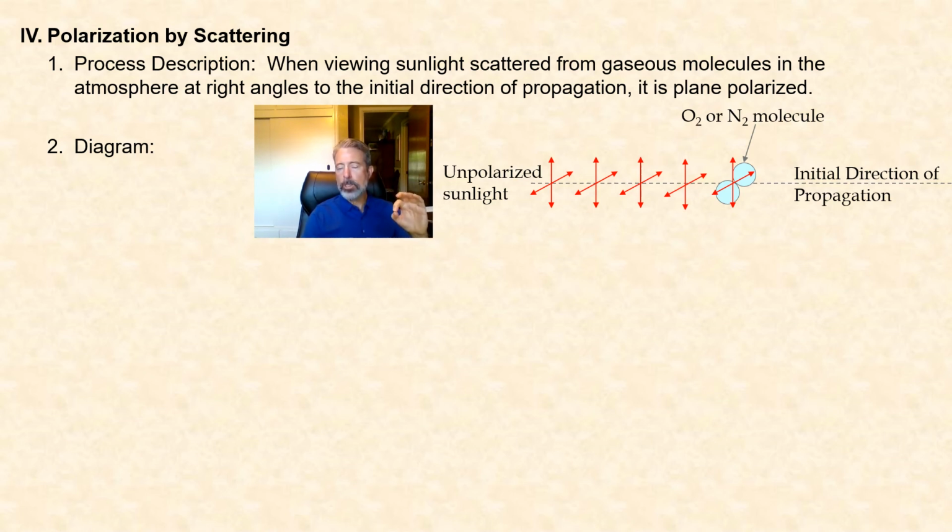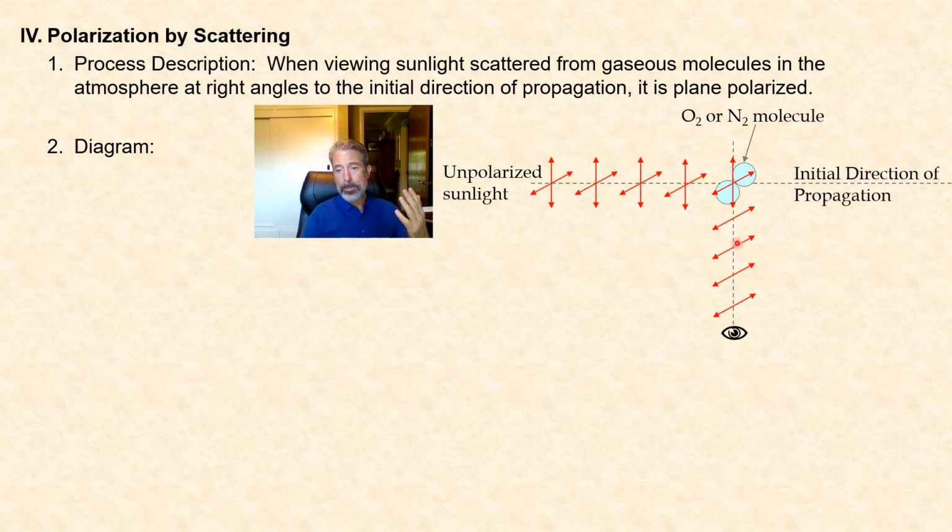So the end result is that upon being absorbed, a new electromagnetic wave is created and re-radiated. And it turns out that the re-radiated or new electromagnetic wave becomes plane polarized. You'll notice that the vertical component of the unpolarized light has been filtered out here.